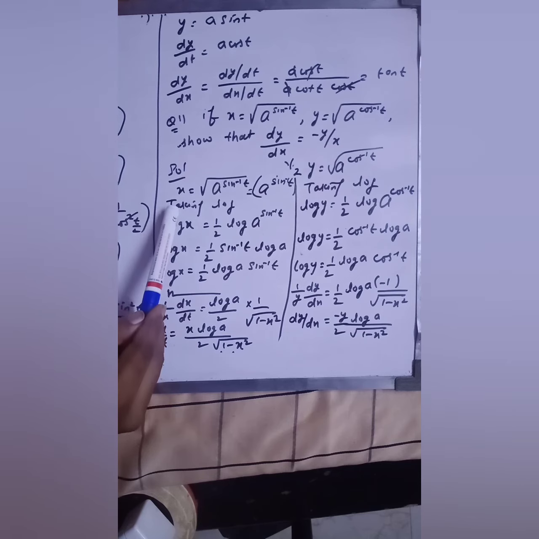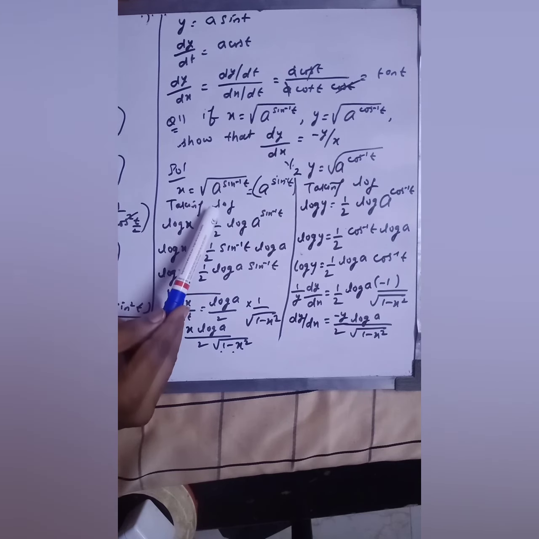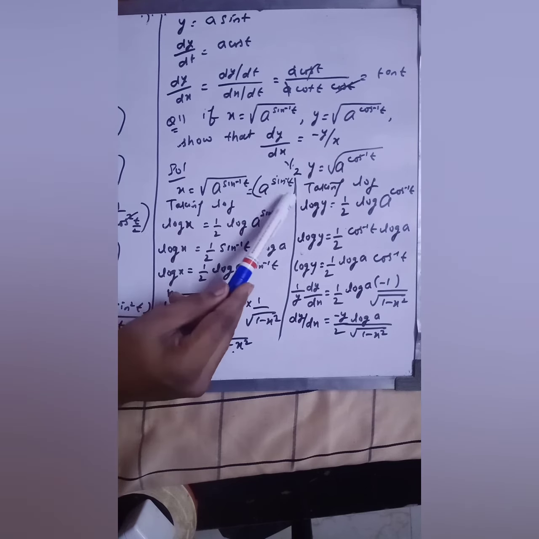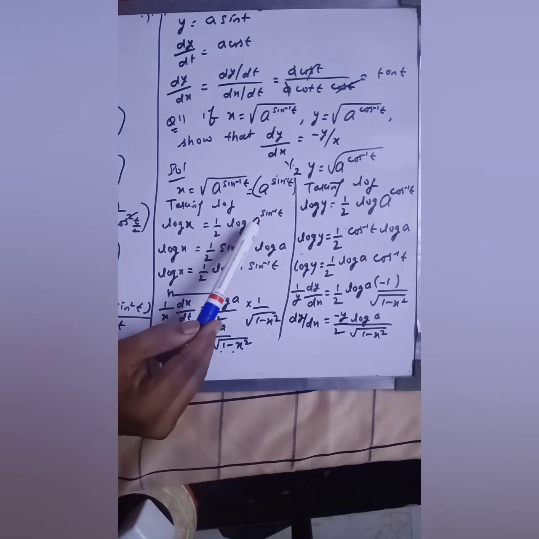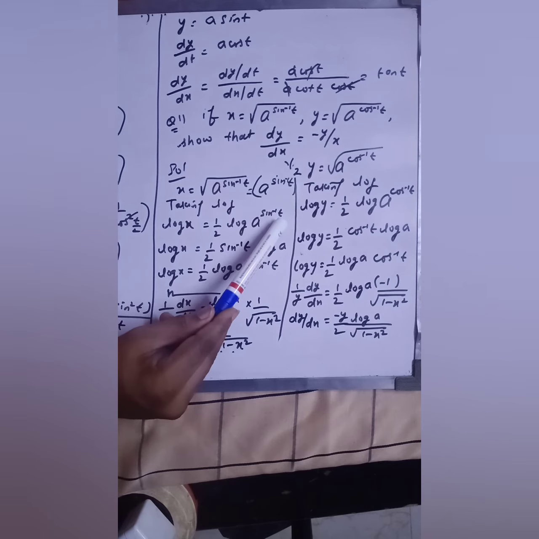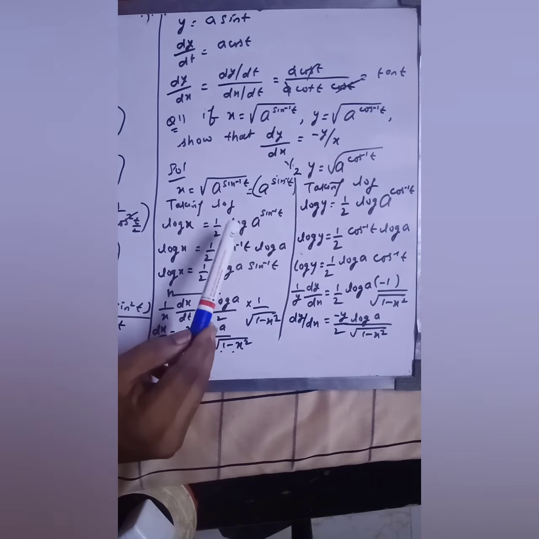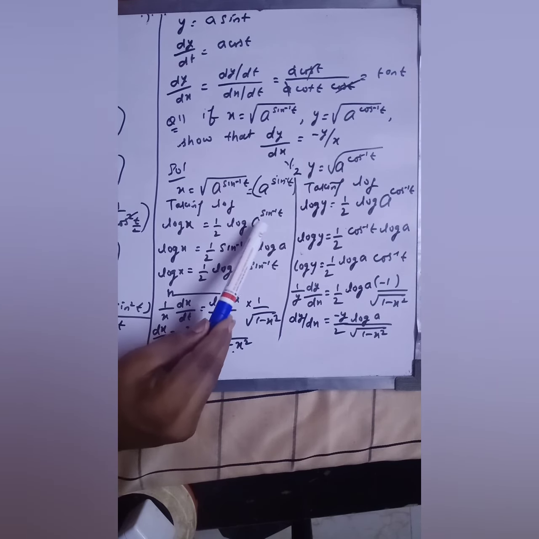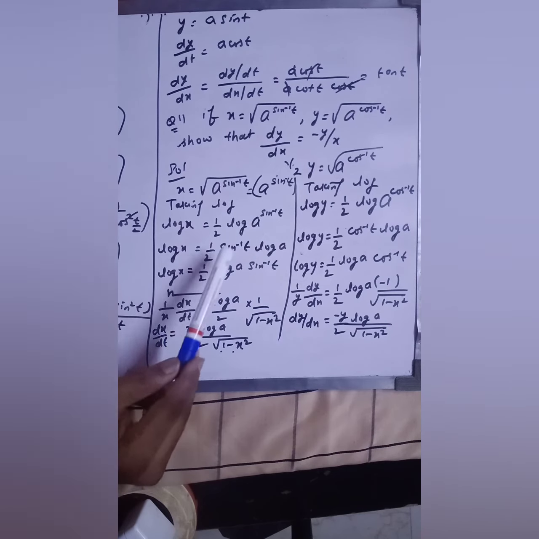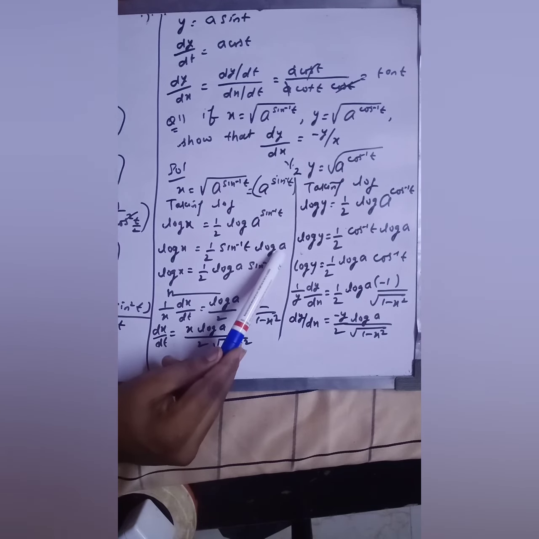Now what we are doing, we are taking log both sides. So this will be log x is equals to, this half will come first, half log a raised to power sine inverse t. As you know, if there is a log and there is some power after that, this power will come first. So half, that is sine inverse t, and that would be log a.